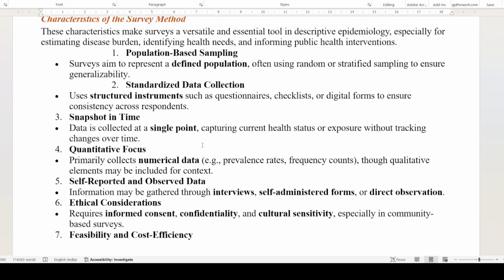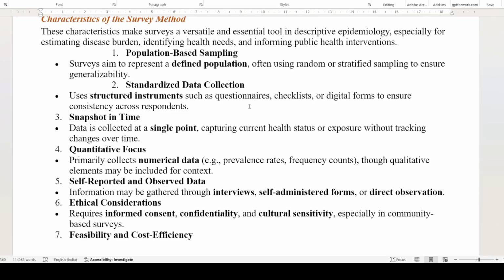So what are the characteristics of this survey method? We can say that it is population-based sampling because we are representing a defined population and using random or stratified sampling to ensure generalizability. Then standardized data collection is there because we are using instruments like questionnaire designs, checklists, and digital forms to ensure consistency across respondents.